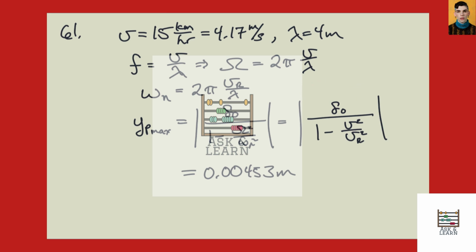And in this case, we're asked, what is the natural frequency? We can think about it as the resonance speed. So the natural frequency is given in terms of a speed, in this case.